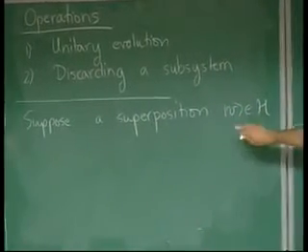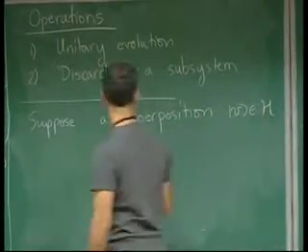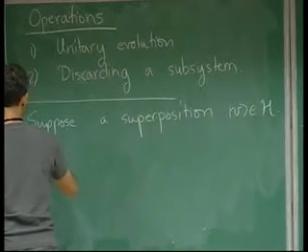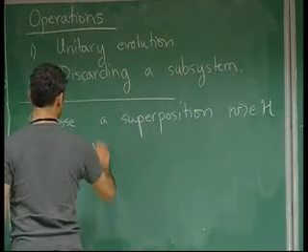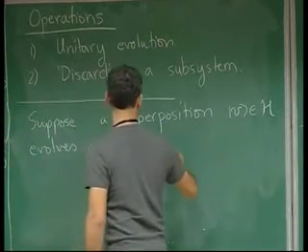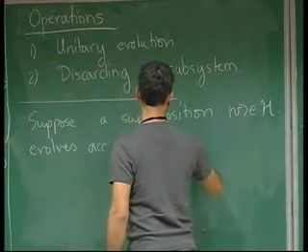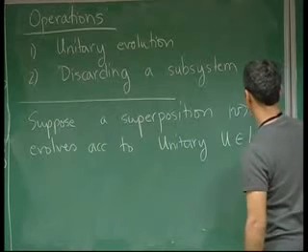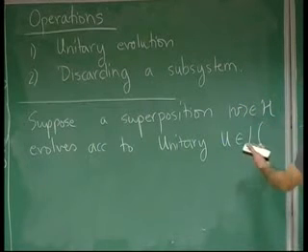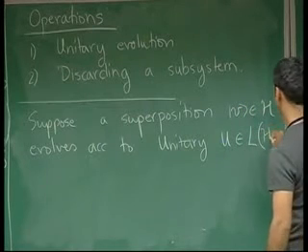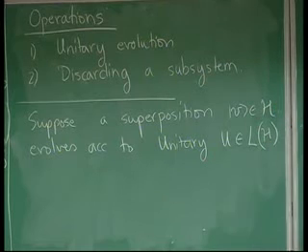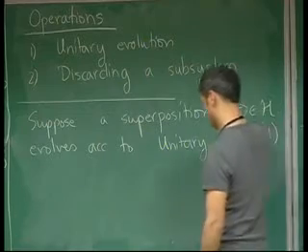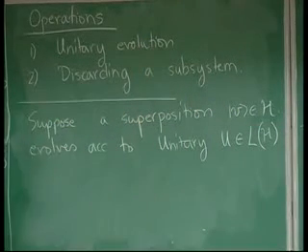when a state V evolves according to unitary operation U, and when I want to denote an operator on space H, I'll use this notation L of H, meaning linear operators on H, and U being in this is by definition.